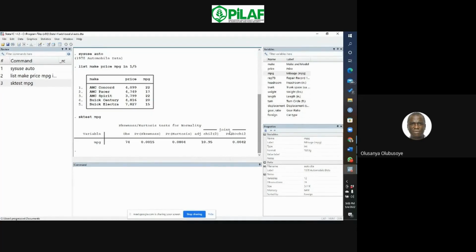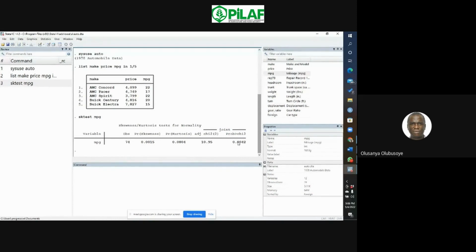So in taking a decision, you have to take decision based on the joint behavior of the tail, which is the skewness, and the peakedness, which is the kurtosis. Looking at this, we can conclude, because this is the p-value, and this p-value is far less than 0.05, let's say at alpha level of 0.05.